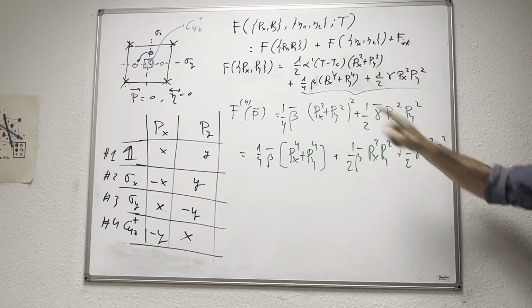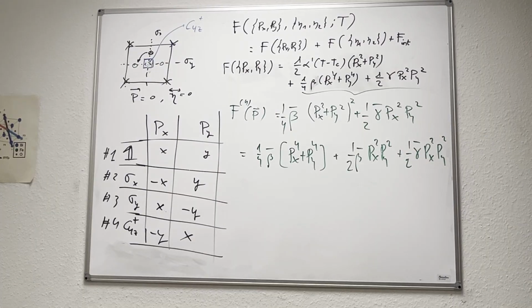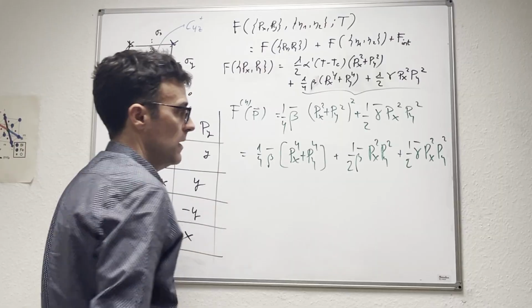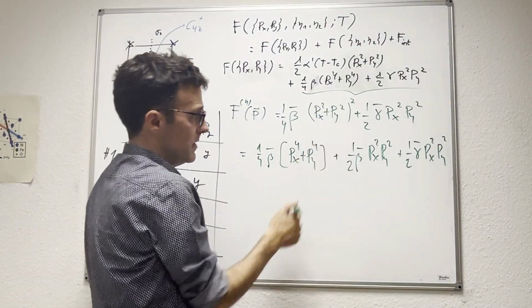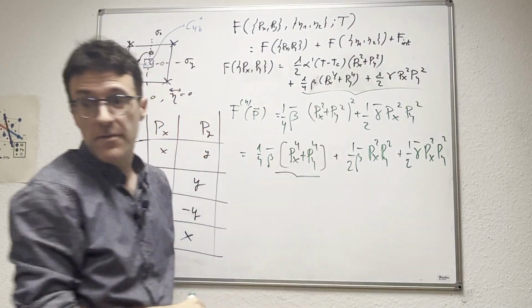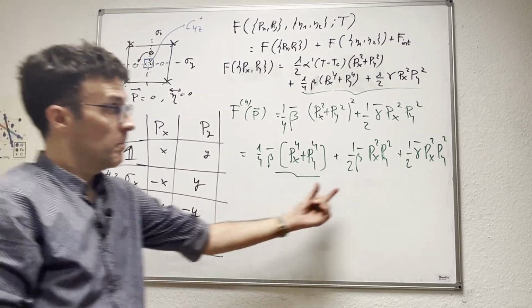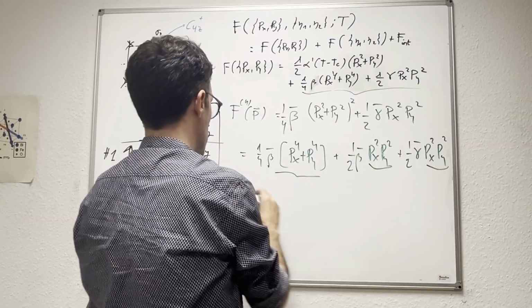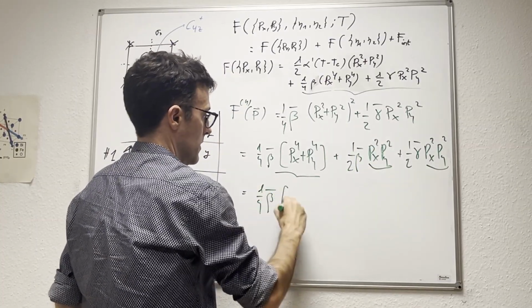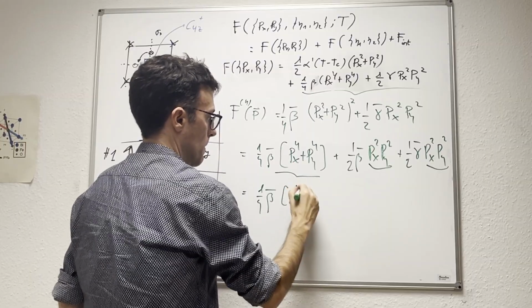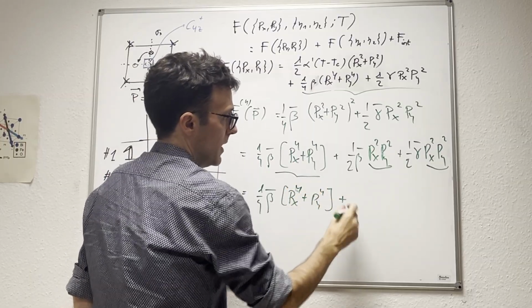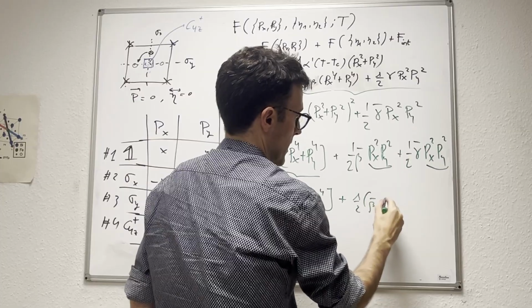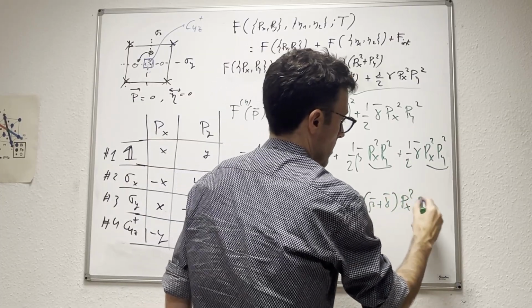By simply expanding that. Quite clear, right? And now we realize that by expanding this, I have recovered something that looks like the invariant I have naturally derived before, plus the other invariant. So I can rewrite the whole thing as 1 over 4 beta bar, px to the 4 plus py to the 4, plus 1 over 2 beta bar plus gamma bar, px squared py squared.